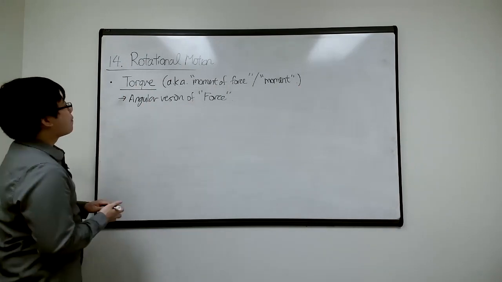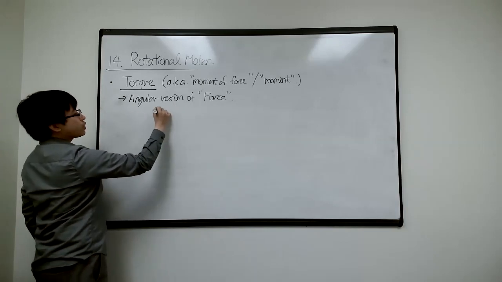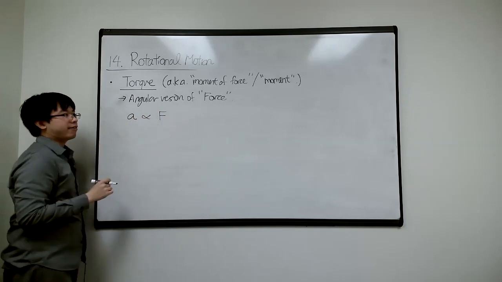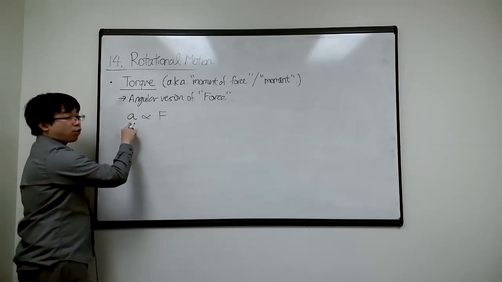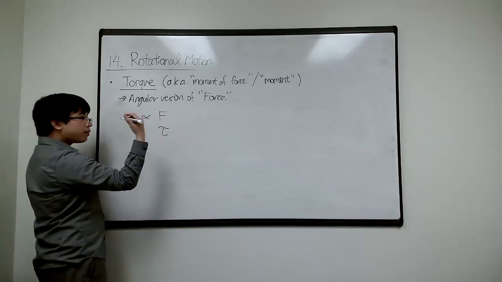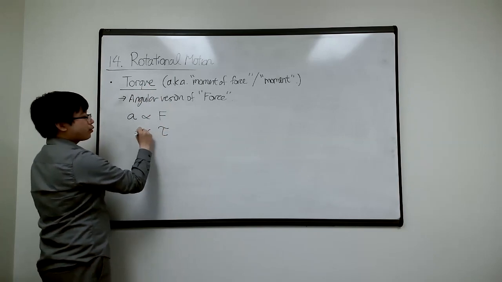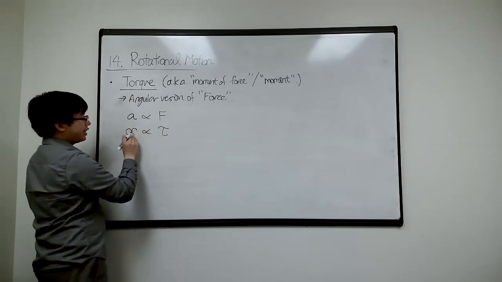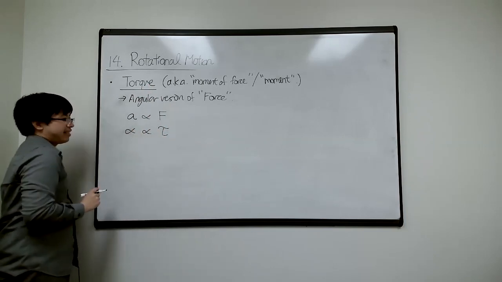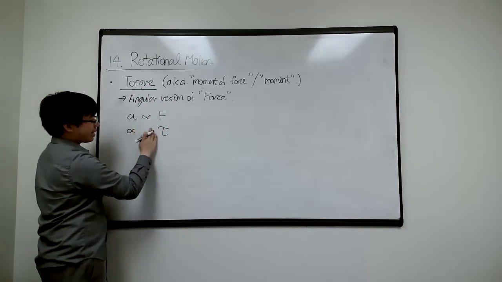Okay, so what is it, right? What was force? Well, force was basically something that causes acceleration, right? It's proportional to acceleration. So we should have an analog concept, which we'll denote tau, the Greek letter tau, that will be proportional to alpha.